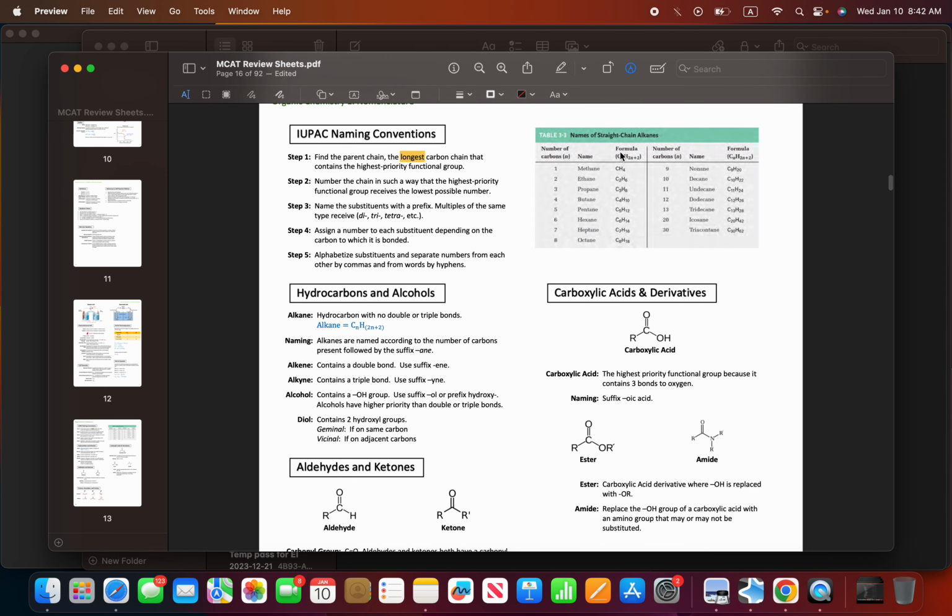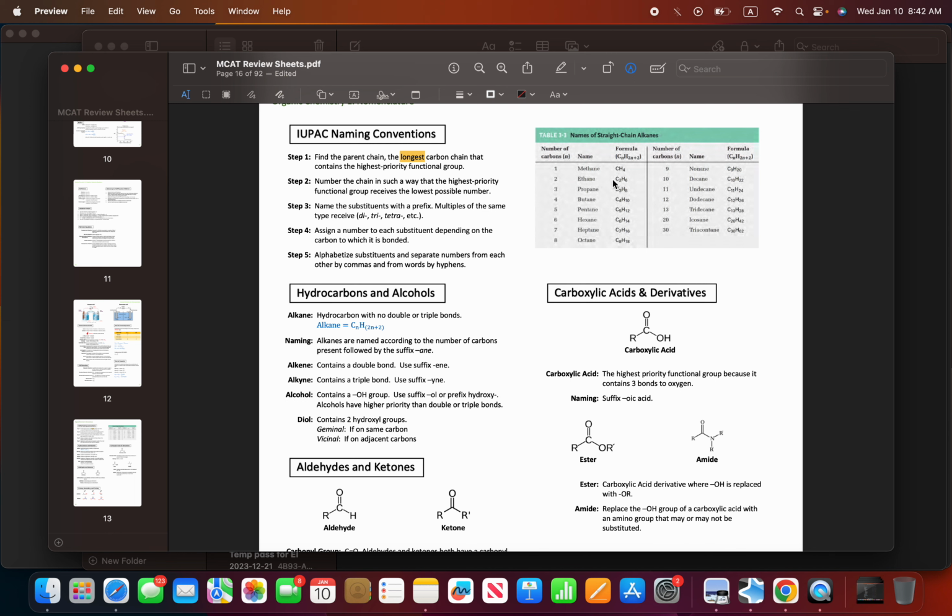So these are for alkanes. Yeah, alkynes are triple bonds. So we can see here how these straight chains are named.